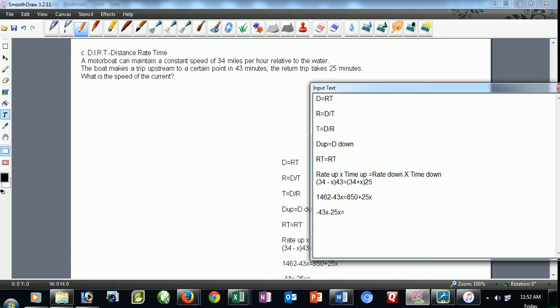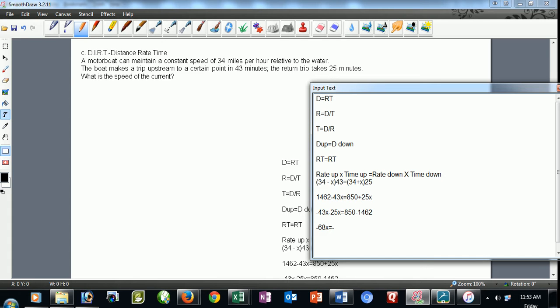Because it crossed the bridge. 850 minus 1,462. Why did that become negative? It crossed the bridge. Both of these are negative. You owe me 43, you owe me 25, you owe me 68, right? These are different, so what are we going to do? Subtract. We know our answer is going to be negative.